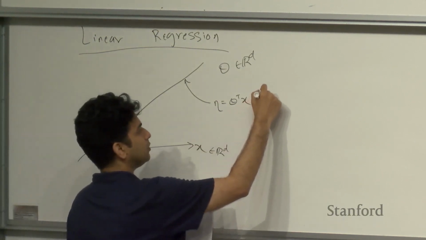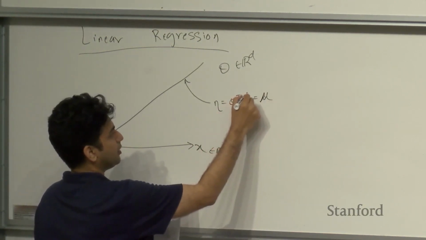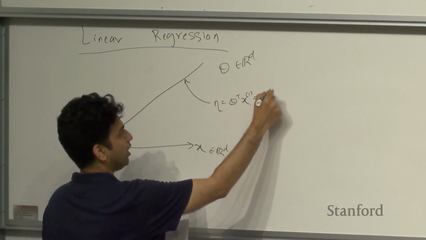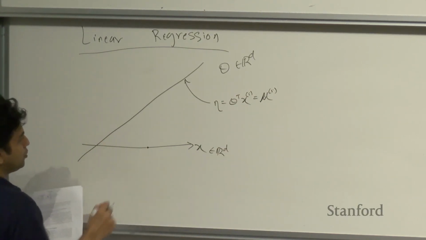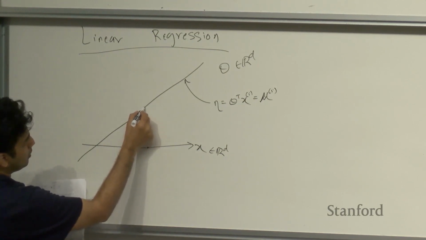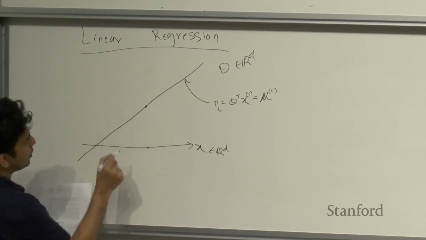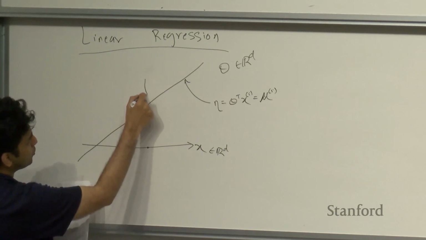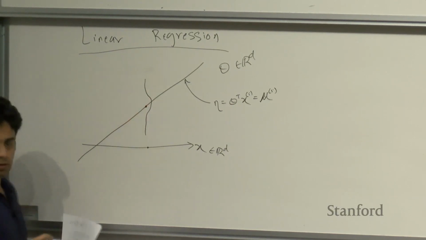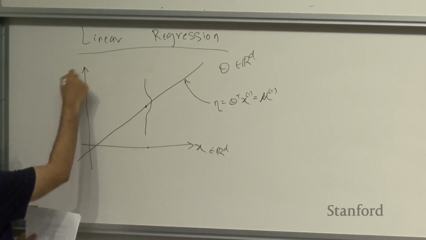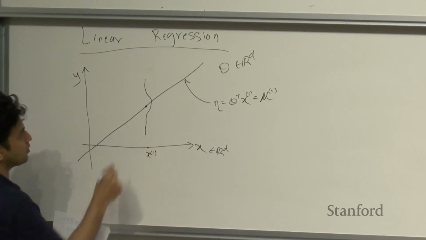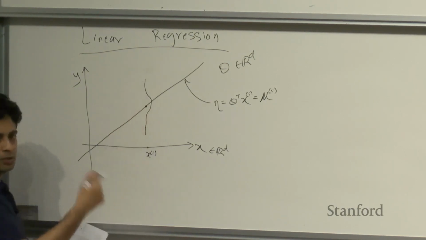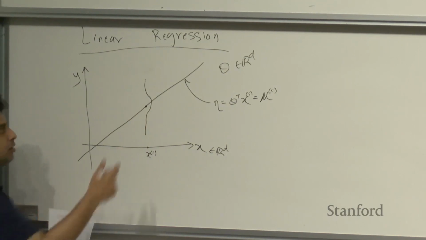For the Gaussian distribution, eta equals mu, and y for a given x is distributed as a Gaussian with mean mu. So if we take the example x_i, we get a mu_i, which means for this value of x, we assume that centered around here we have a Gaussian distribution. So this is y, and this is x_i, and from this Gaussian distribution we sample a y.